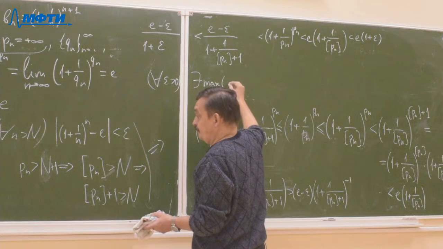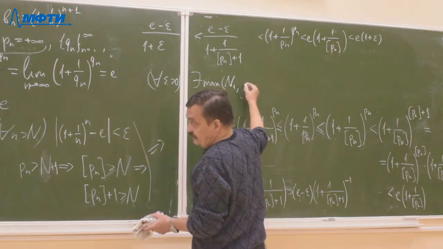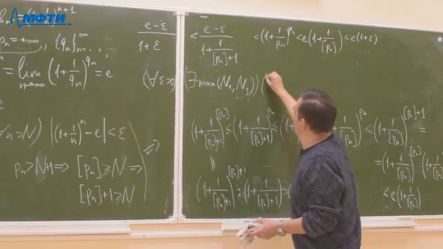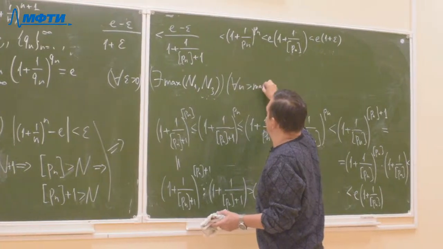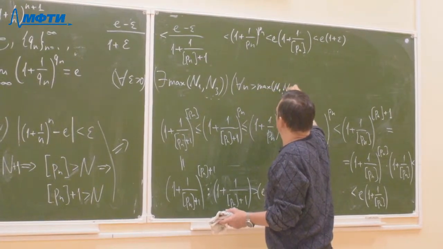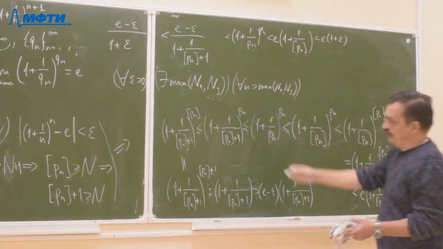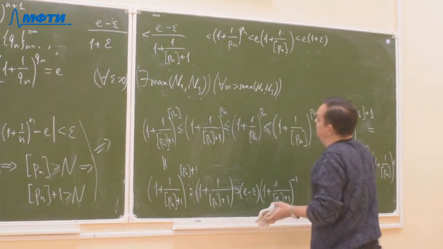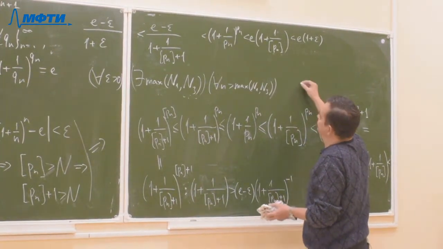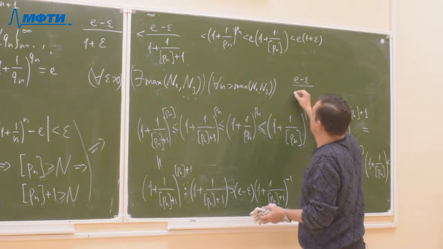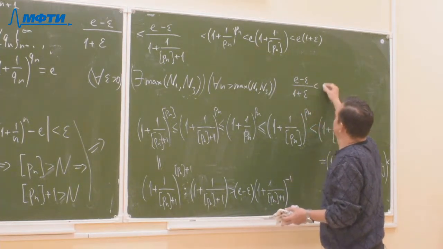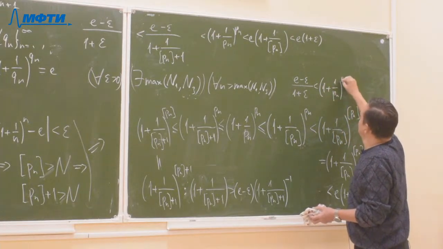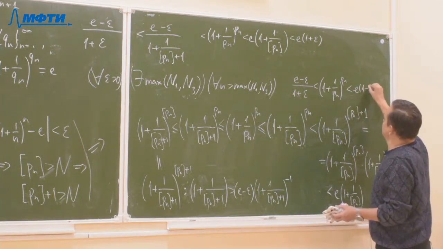The maximum of n1 and n3, such that for all n greater than this maximum, all inequalities are valid for P with index n, and in particular (E minus epsilon) over (1 plus epsilon) is less than (1 plus 1 over Pn) to the power Pn, which is less than E times (1 plus epsilon).